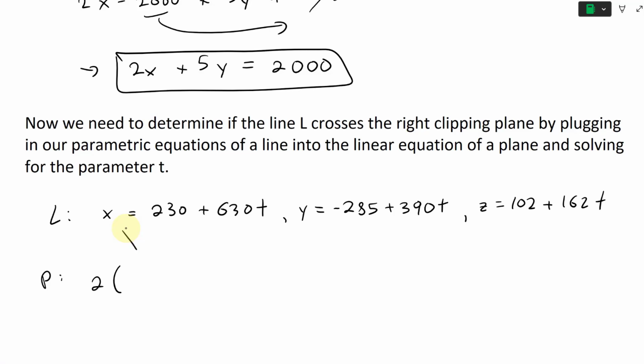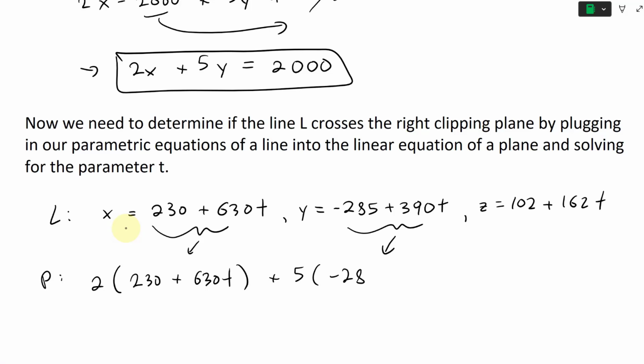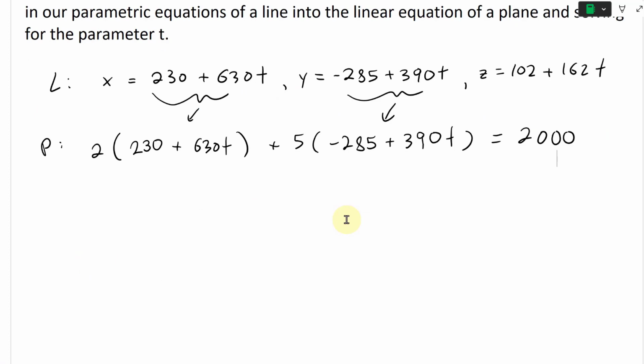So 2 times (230 plus 630t), plus 5 times y, which is negative 285 plus 390t, and this equals 2000, not 0. There are no z values for the plane here, so now we can do some simplification and solve it.